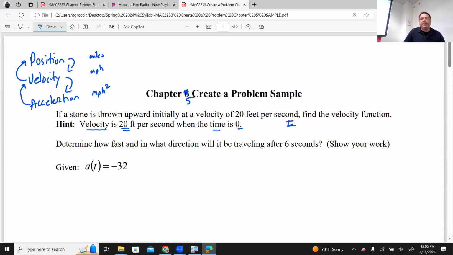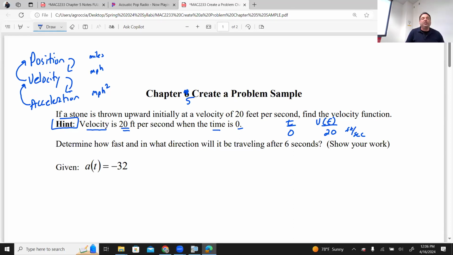So time 0 when the velocity is 20 feet per second. That's a hint, that's a given. And then after we determine it, determine how fast and what direction it will be traveling after 6 seconds. So worry about that next.